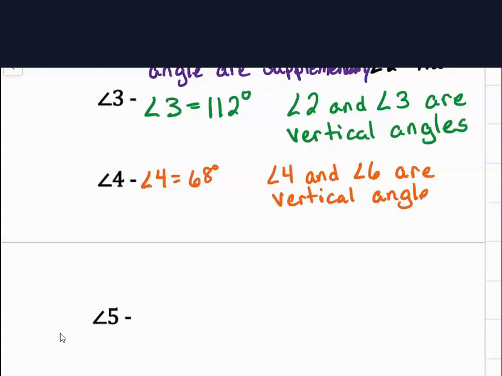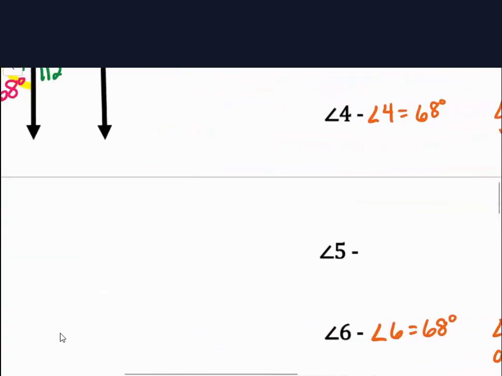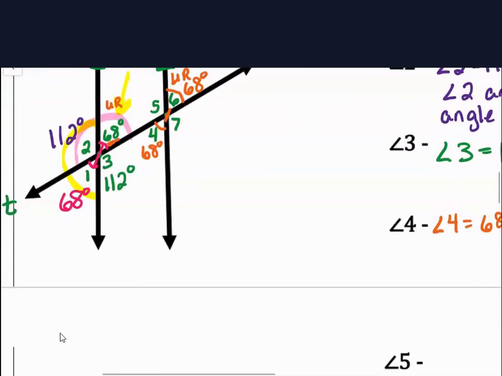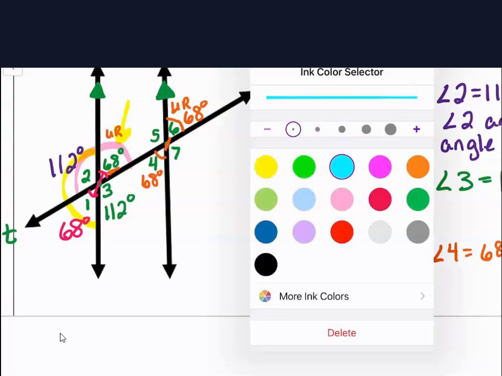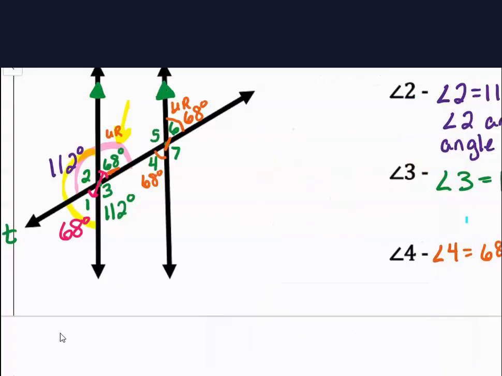Now, how can I figure out angle 5 and angle 7? Well, I've got a couple ways. I can either say, hey, look, this is really cool, but I've got right here, I've got a rainbow. So 4 and 7 are going to be supplementary.